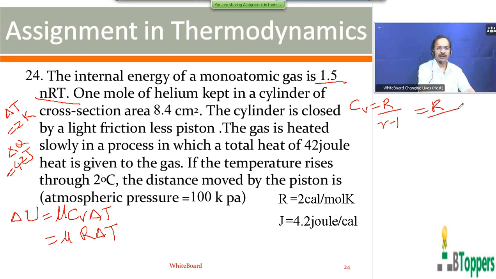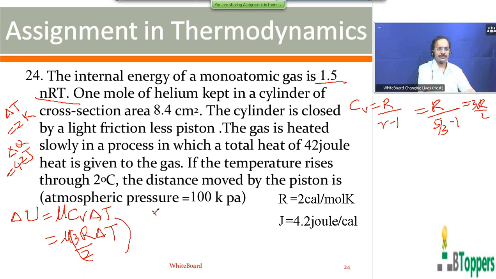For a monatomic gas, gamma is equal to 5 by 3, so that will be 3R by 2. So CV equals 3R by 2, which is the same thing as given, 1.5 nRT here. Instead of n, I have written mu for the number of moles as per the notation used in the latest textbooks.